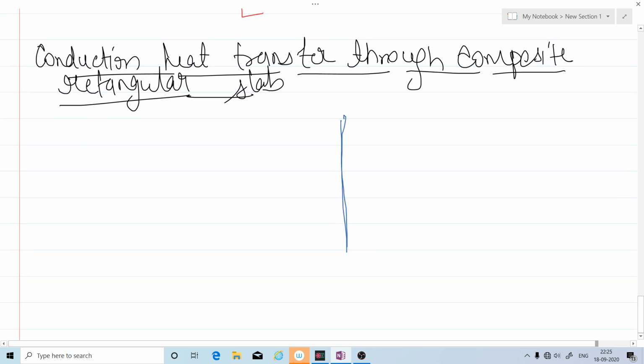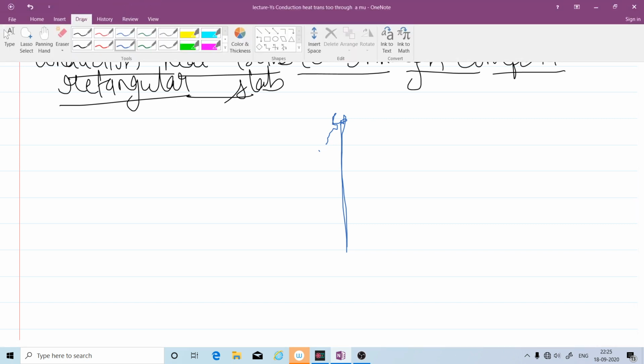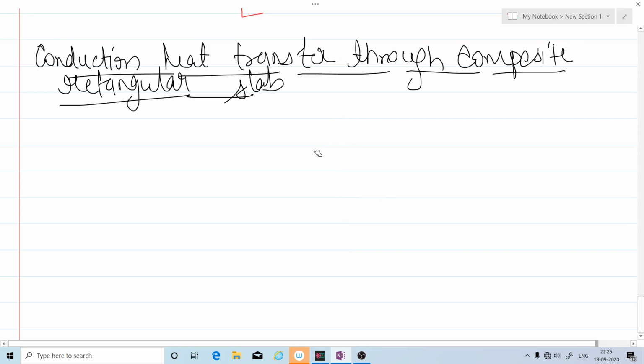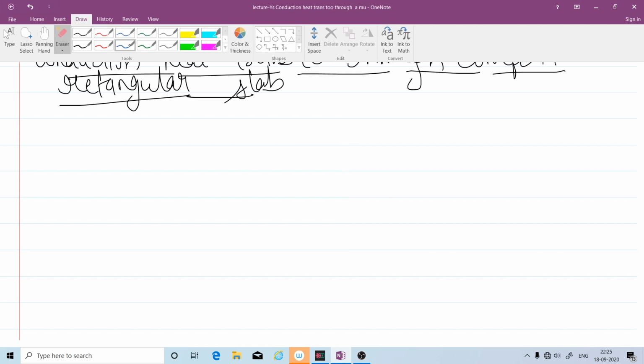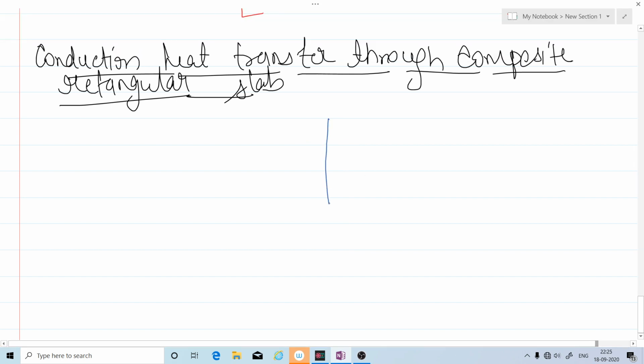Let's say this is a rectangular slab. Let me draw a rectangular slab. Let's say this is one slab, and attached to it there is another slab.